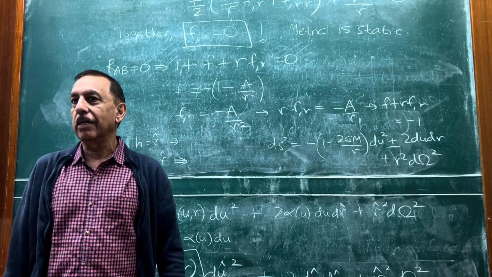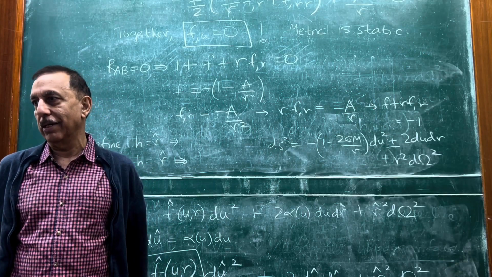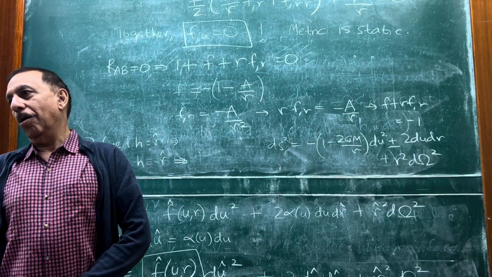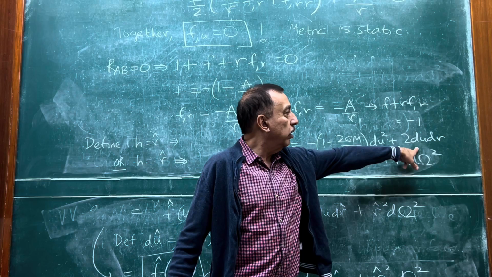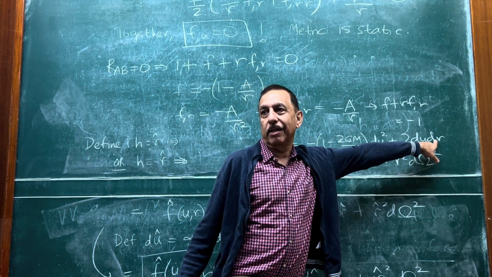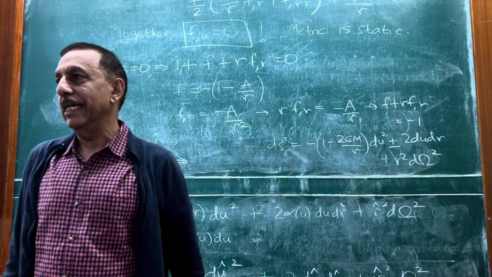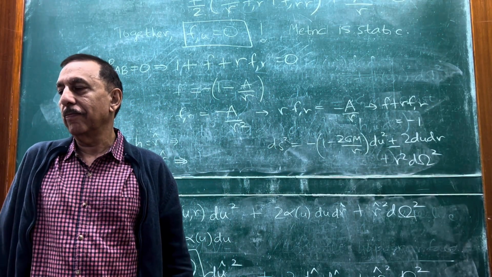So h intrinsically has no sign. Positive h or negative h gives me the same metric. Therefore, when I give it the name r or minus r, that doesn't affect the angular term. It only affects this term where the exact integral dh was present. So I could have chosen dh to be minus dr without changing anything else in the metric.